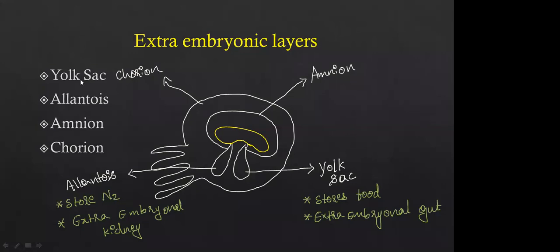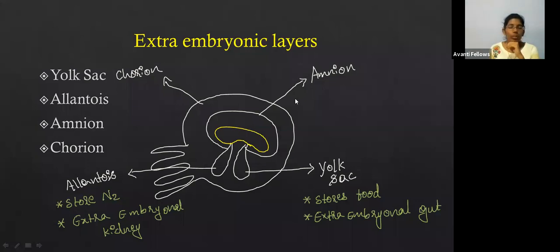Okay, you have heard about this. So what is that liquid? That liquid is actually the amniotic fluid. This amnion contains a liquid called amniotic fluid. This amnion always contains a liquid, that liquid we call amniotic fluid. What is the function of this amniotic fluid?